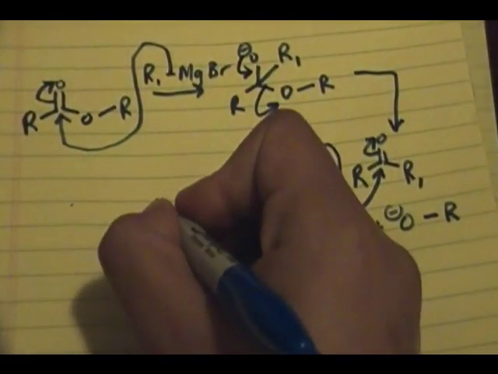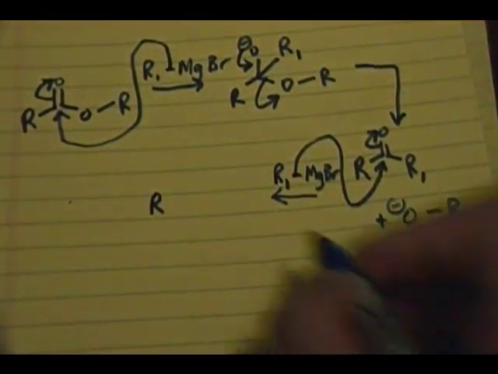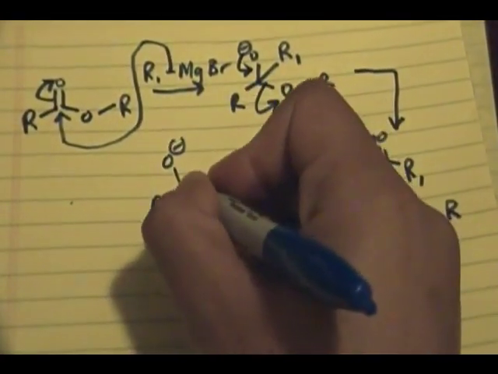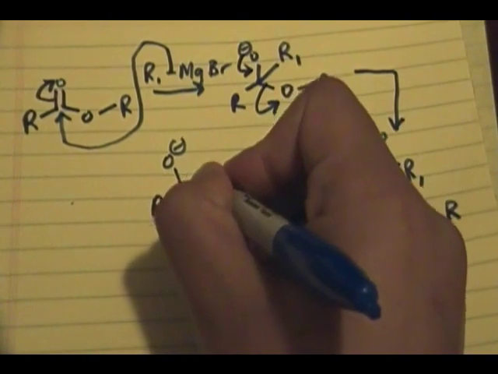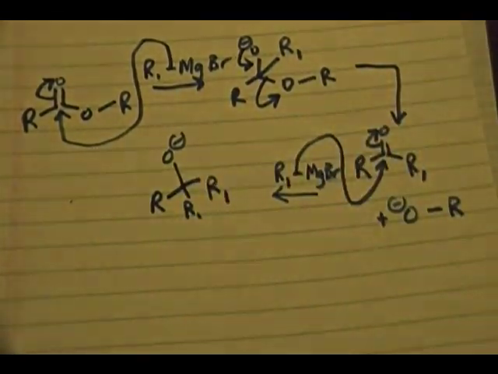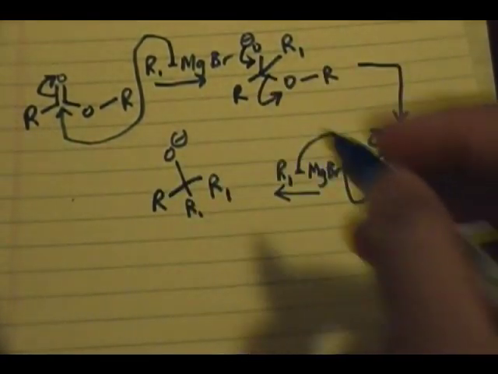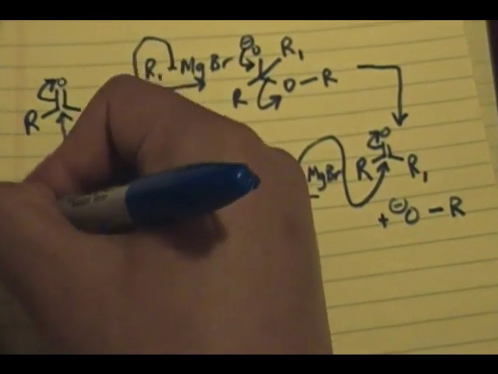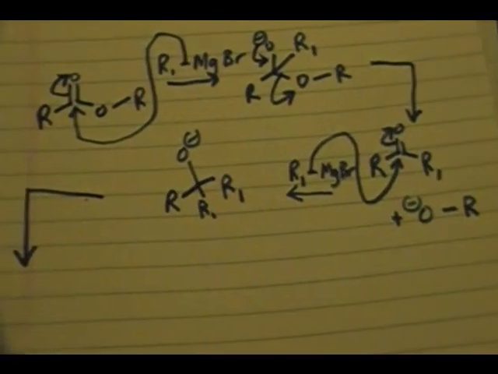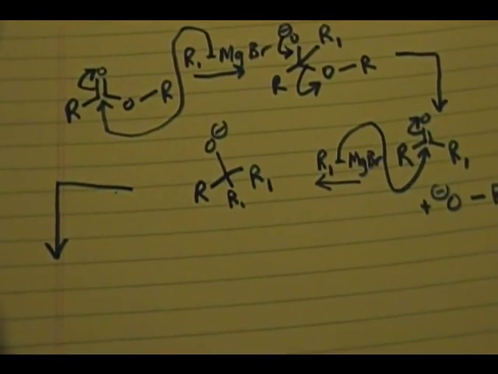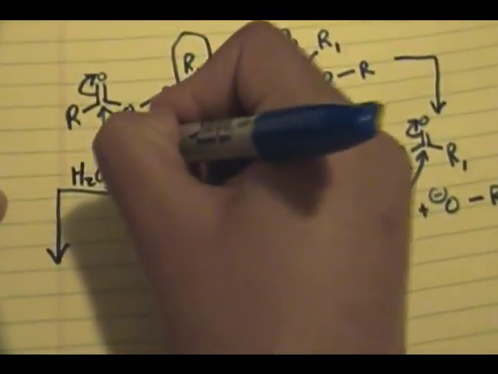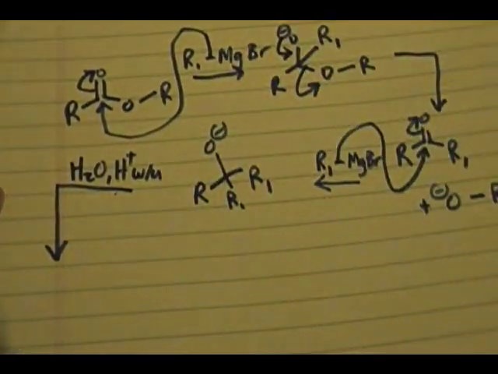So what you end up with from this step is R O negative R1 and R1. So you're not going to reform the carbonyl. What's going to happen is the final step in this mechanism is going to be the H2O, H plus workup.